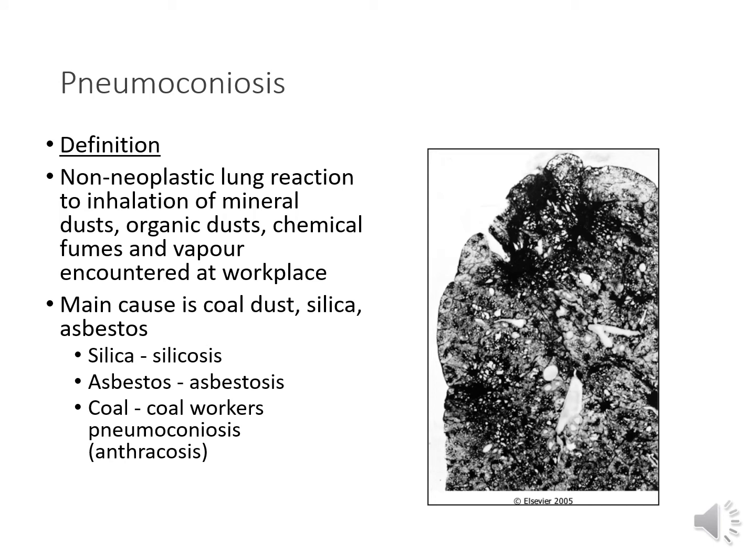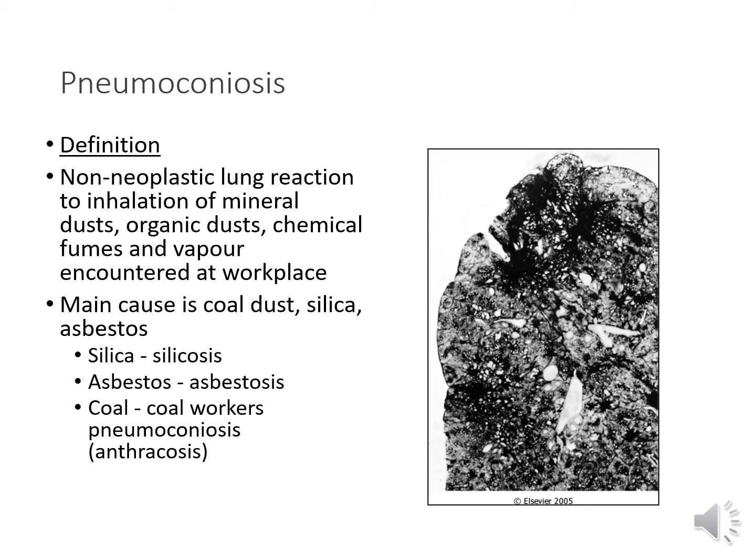Another important group of disease in the restrictive lung disease is the pneumoconiosis. Pneumoconiosis is a group of lung diseases that are non-neoplastic, and it is a reaction to inhalation of mineral dust, organic dust, chemical fumes, and vapor encountered mostly at the workplace. It requires chronic exposure to small particles that are fibrogenic.